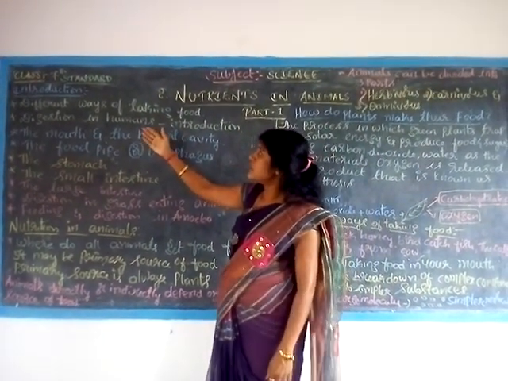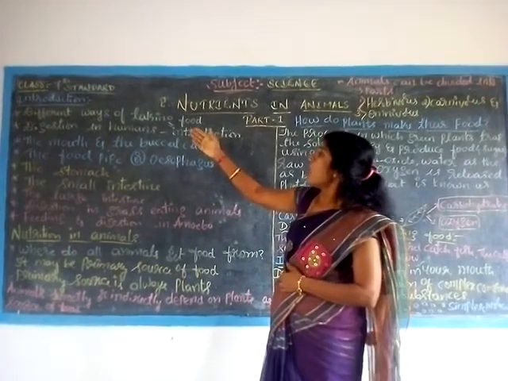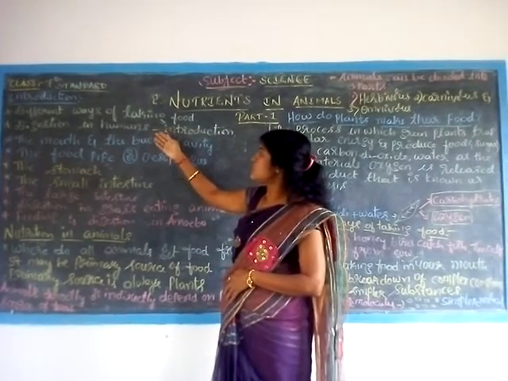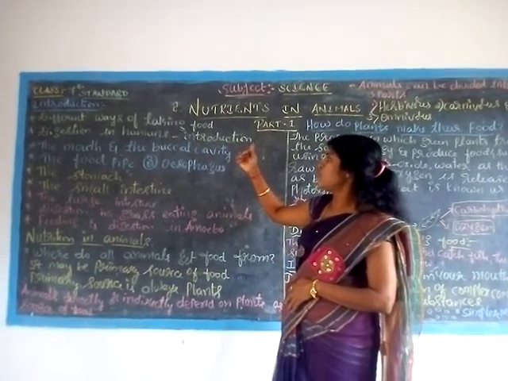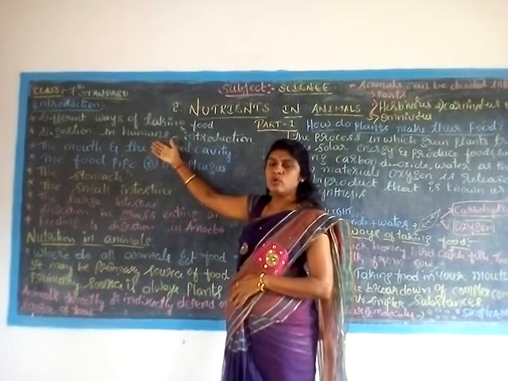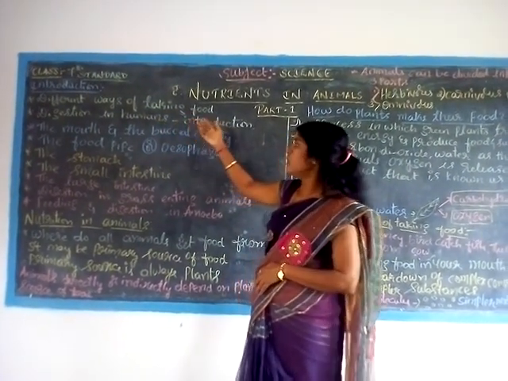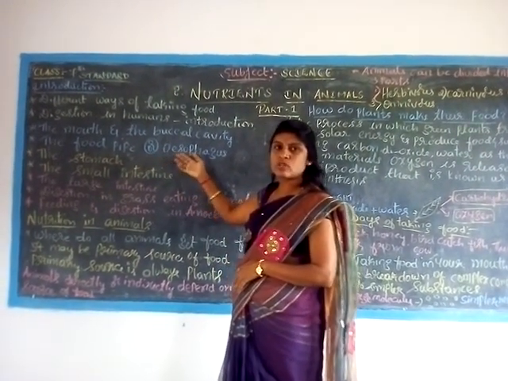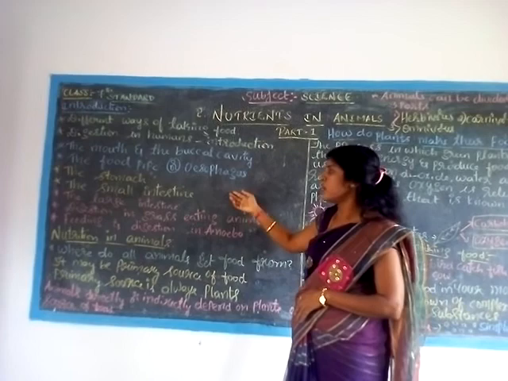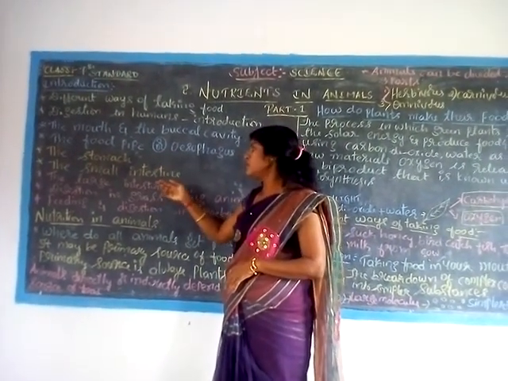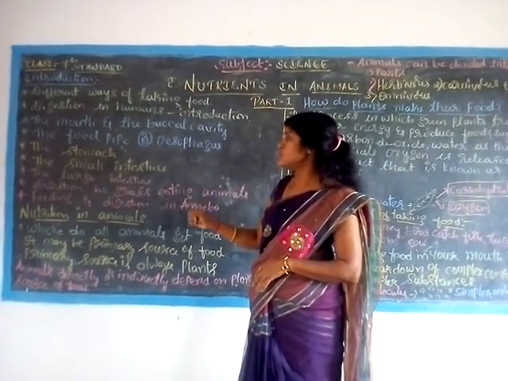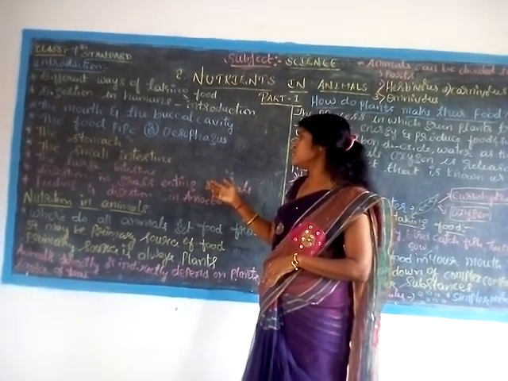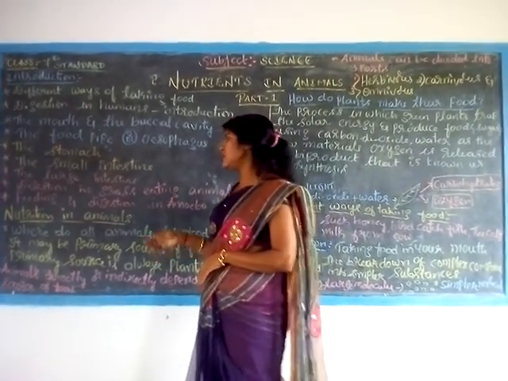Let us see what is there to learn in this chapter. The first thing is different ways of taking food, how the animals take food. The second one is digestion in humans, how humans digest the food. Then the mouth and the buccal cavity, the food pipe, which is also called the esophagus, the stomach, the small intestine, the large intestine, and digestion in grass eating animals.